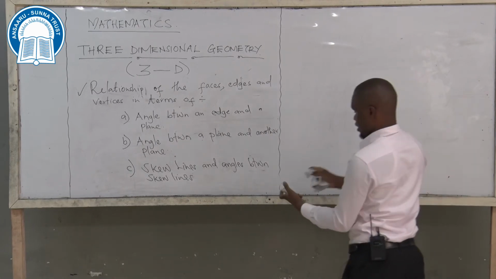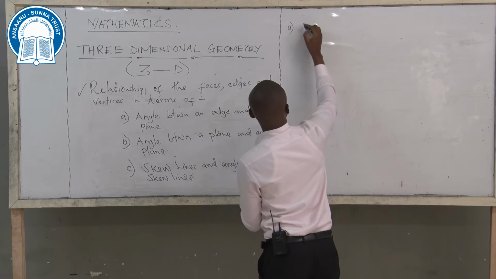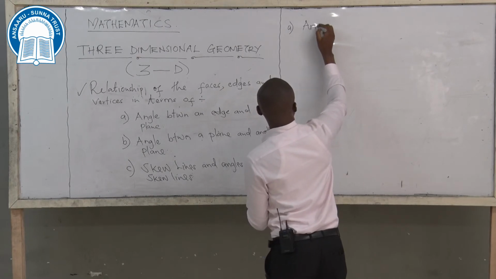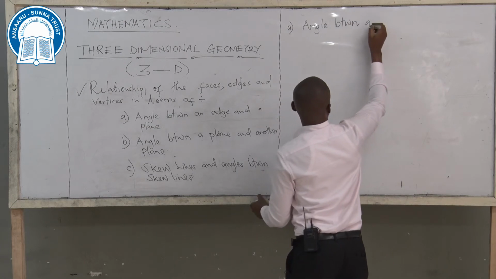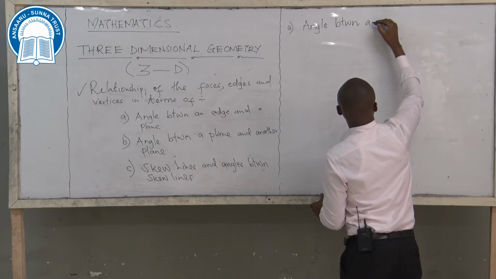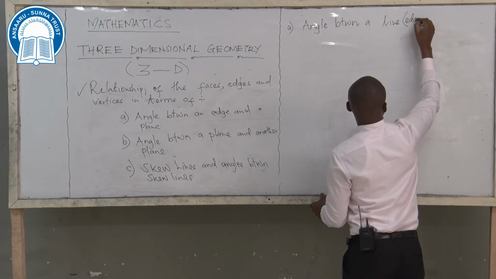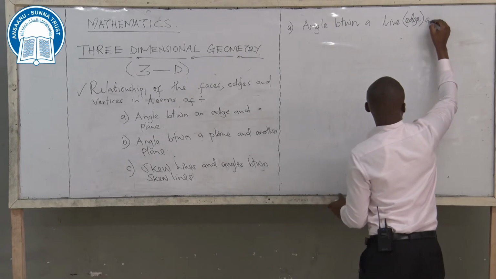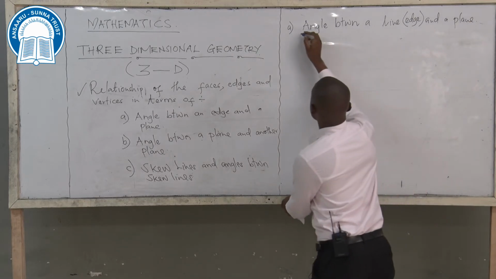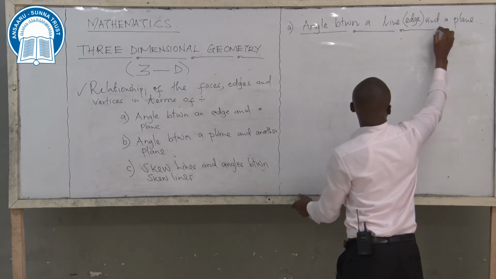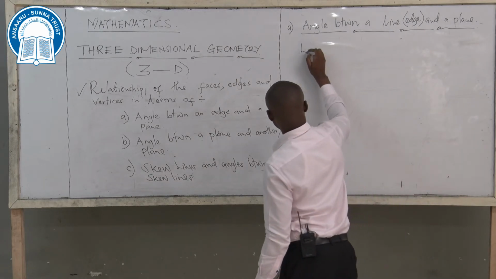What do you do in a case? So the first case we are saying today is how to determine the angle between a line, and I'm saying a line is the edge, and a plane. This is the only thing you're doing today. We will not rush into it. And I want us to use an example here.